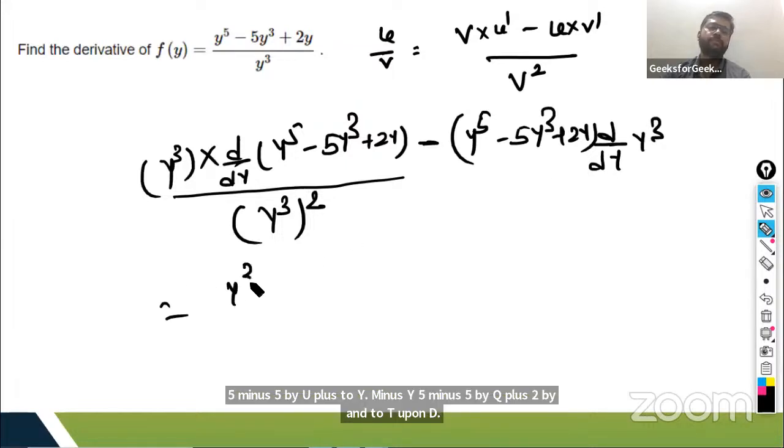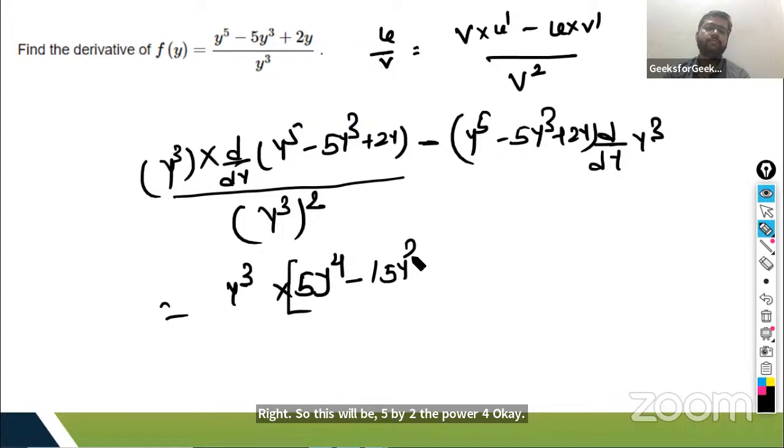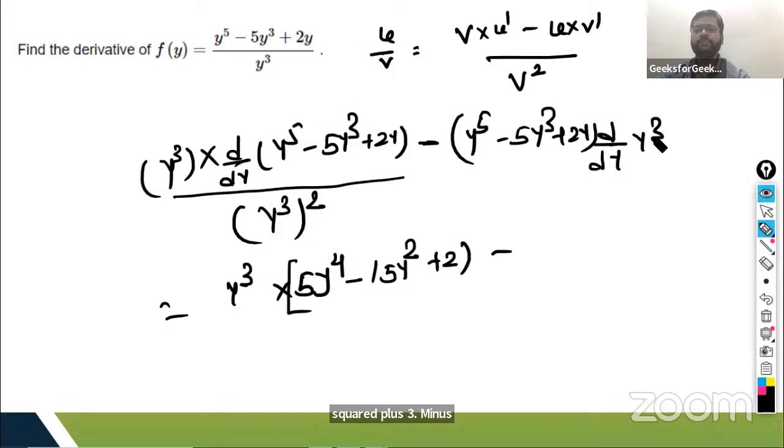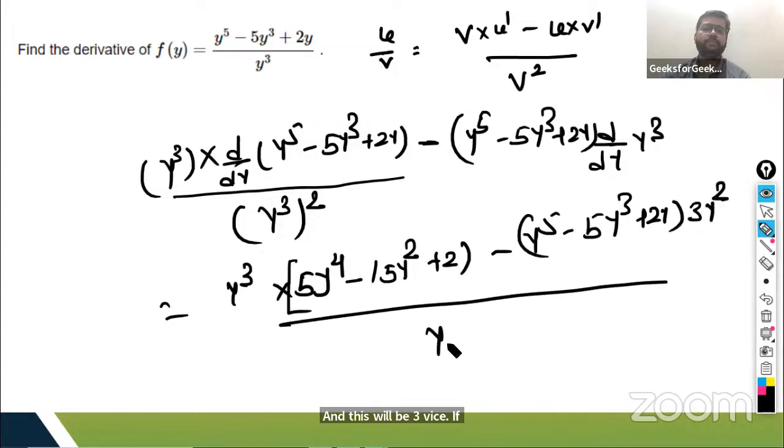So this will be y^3 into 5y^4 minus 15y^2 plus 2, minus this will be y^2. So y^5 minus 5y^3 plus 2y, and this will be 3y^2 divided by y to the power 6. Now you have to do the multiplication part.